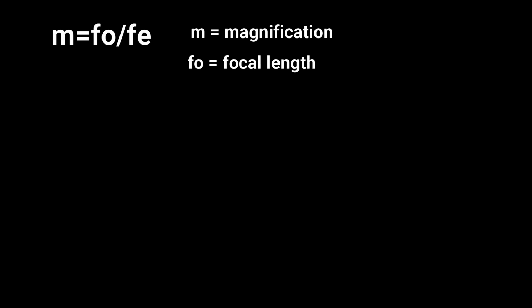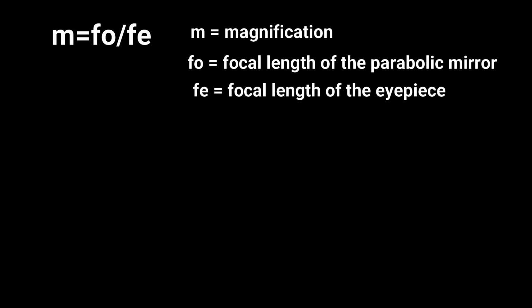The formula of magnification of these telescopes is as follows. M equals F0 divided by Fe. Here M stands for magnification, F0 stands for the focal length of the parabolic mirror and Fe stands for the focal length of the eyepiece.